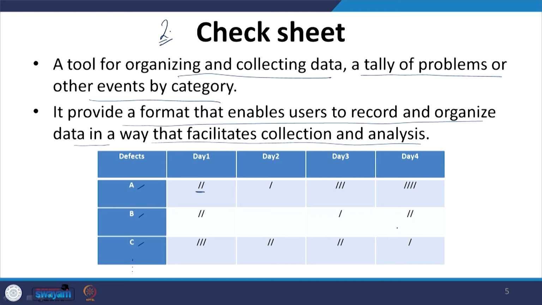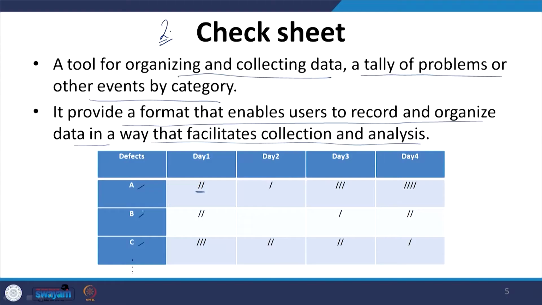So, now we just draw these lines so that it is easy to put data in a faster way, but later on you can make a log sheet out of it where you can write these in terms of numbers, like it is 2, 1, 3, 4, 2, 0, 1, 2, 3, 2, 2, 1.